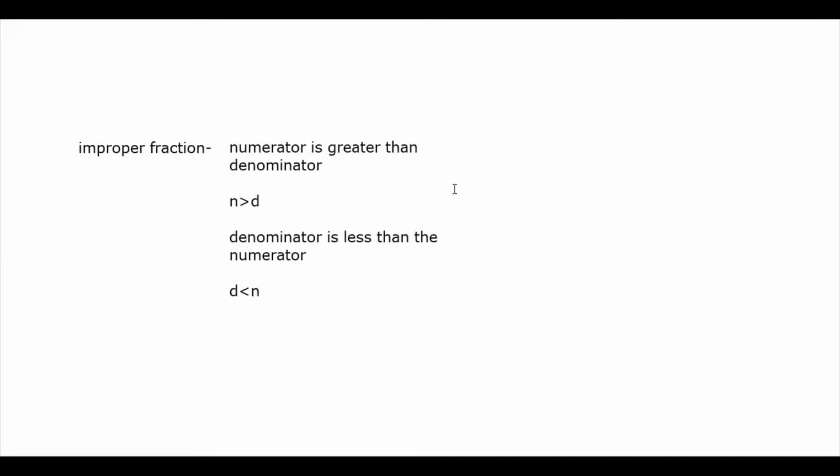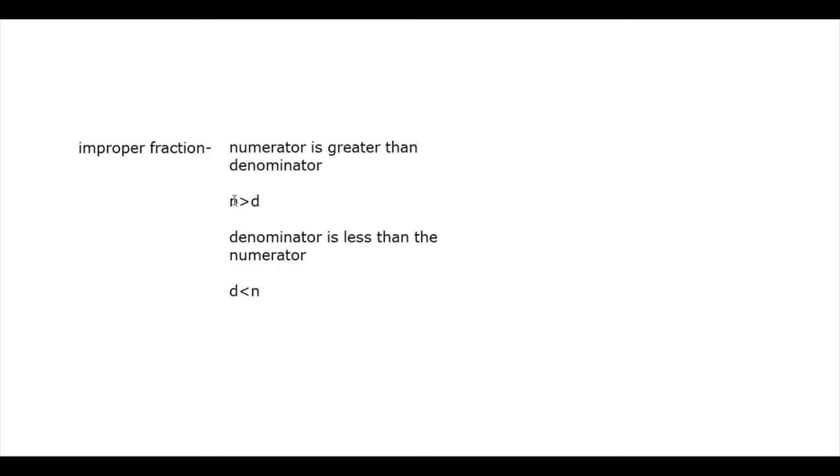So what do you think improper fraction is? If proper fraction has a greater denominator and a lesser numerator, so what do you think, mga ka-learners, improper fraction is? In accordance with the definitions, we have numerator is greater than denominator.